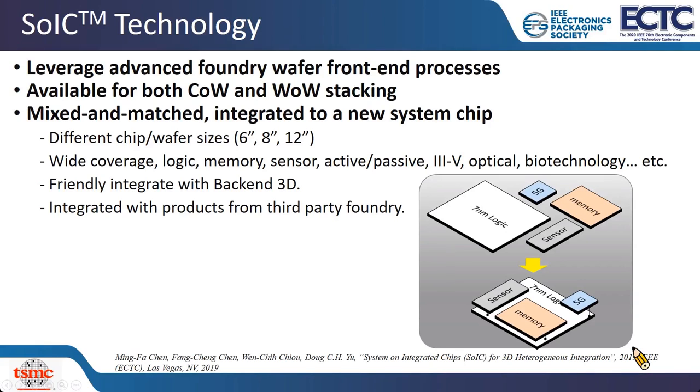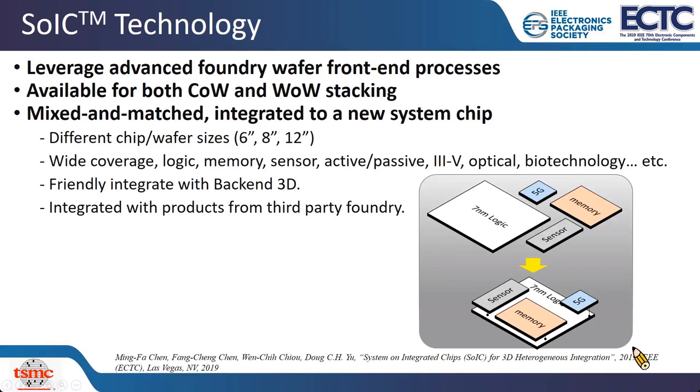Most importantly, SOIC allows mixed and matched heterogeneous integration for chips, wafers, and process. For example, it allows the integration of different chip sizes from different wafer sizes, no matter they are 6-inch, 8-inch, or 12-inch.